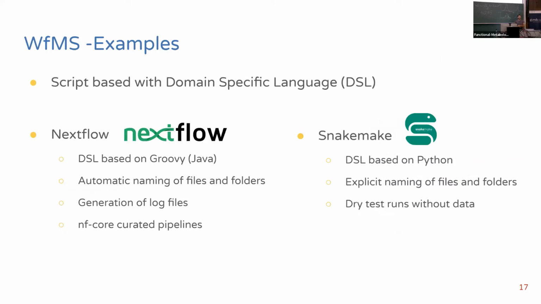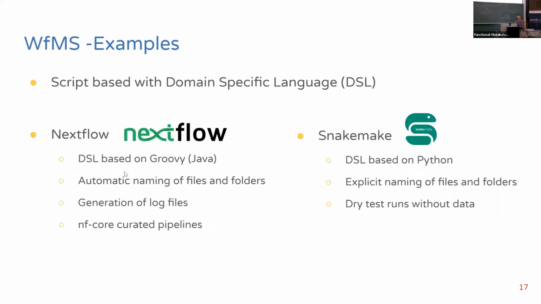Another thing is the script-based workflow managers, like here Snakemake and Nextflow. Both of them have a domain-specific language. Let's say you have SQL, which is a domain-specific language for accessing databases, and therefore you also have specific languages for building workflows.